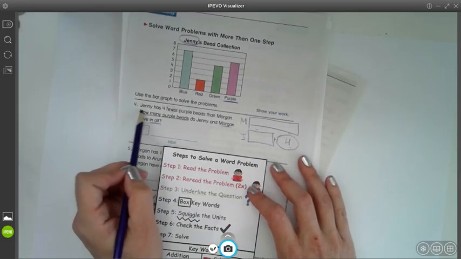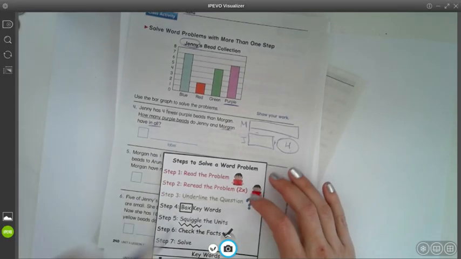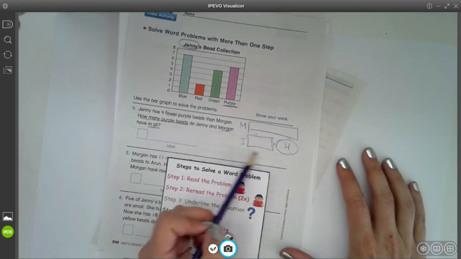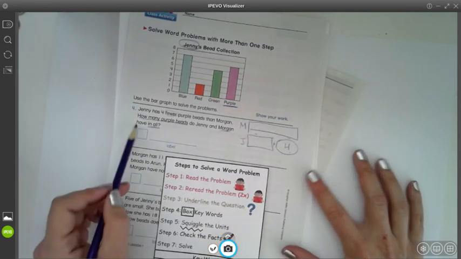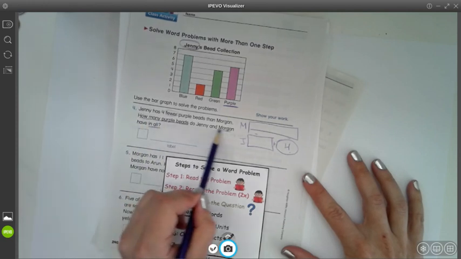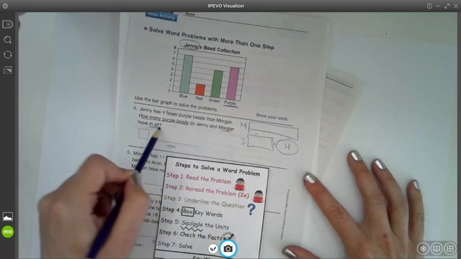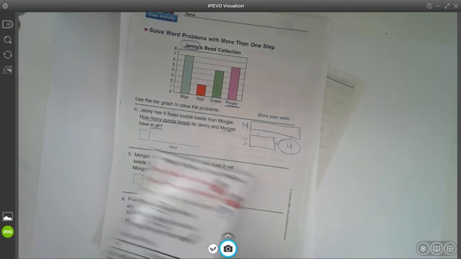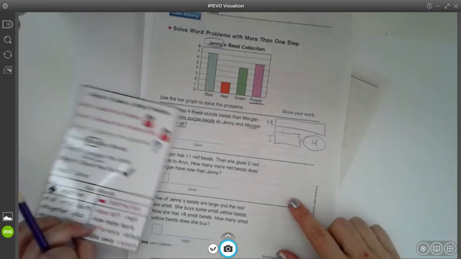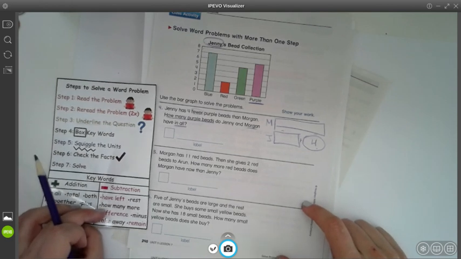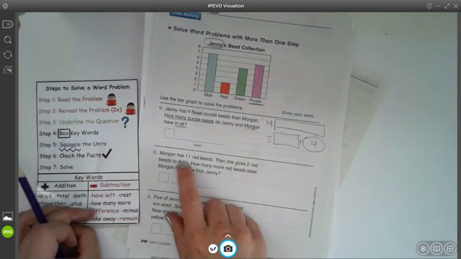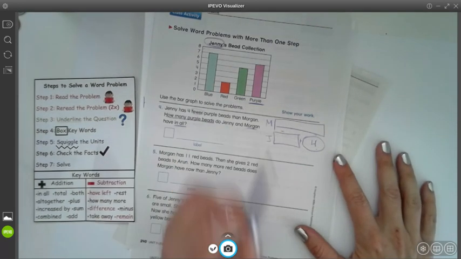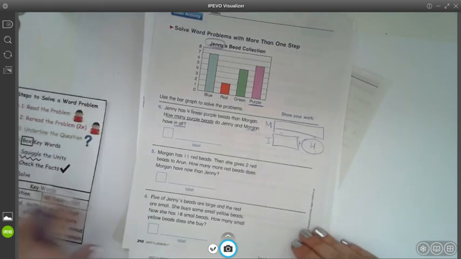That clues you in that this is going to be a 2-step word problem, because once I find out how many Morgan has, my question is, how many beads do Jenny and Morgan have in all? I've given you a lot of these similar word problems in the work that we just did together with our coins, so you can go back and replay that as many times as you need to. You would find out how many Morgan has, and then add those 2 together to help you with that 2-step word problem.